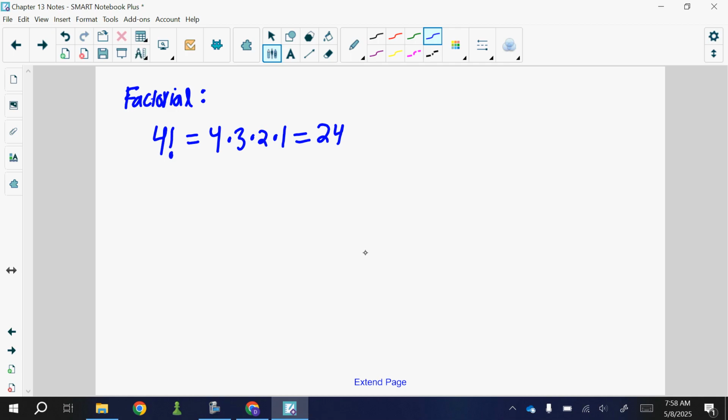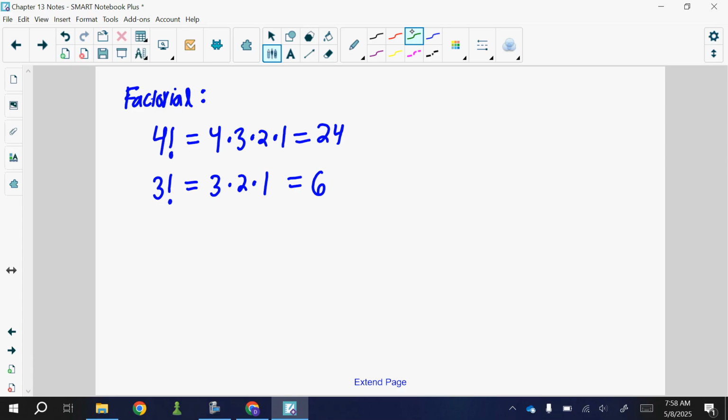Similarly, 3 factorial would be 3 times 2 times 1, which is 6. So for a factorial, you're starting at that number and multiplying by every number that precedes it.